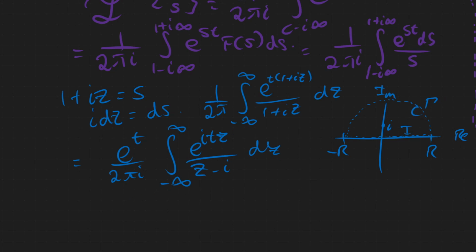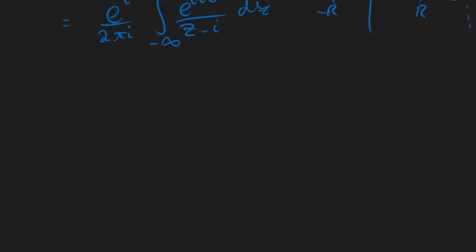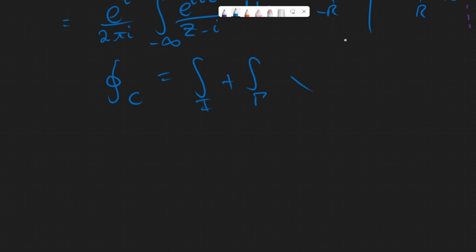Now it's worth noting that the integral over C is equal to the integral over I plus the integral over gamma. Let's start by analysing this integral over gamma. We can parameterize it by gamma of t equals r e to the it, with t running from 0 to pi.